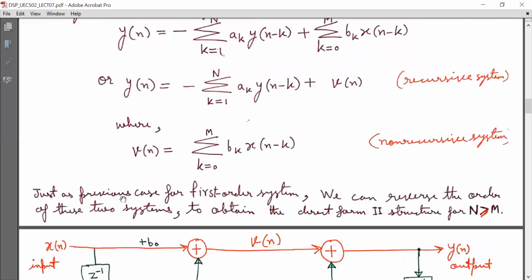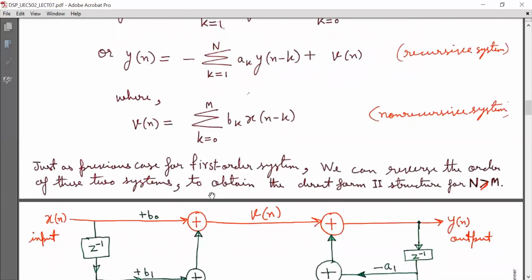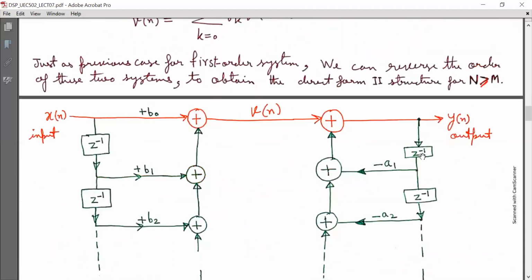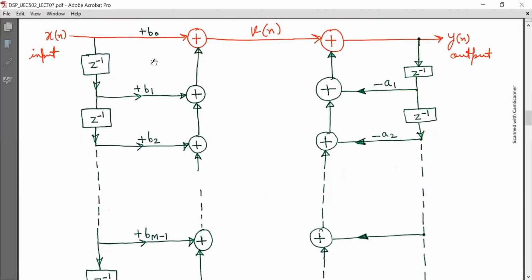Just as in the previous case of the first order system, we can extend to the general case. We can reverse the order of these two systems to obtain the direct form 2 structure for N greater than or equal to M. So first of all, I will form the direct form 1 structure, as we have done for the first order system.